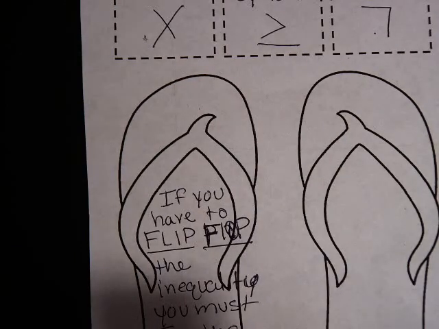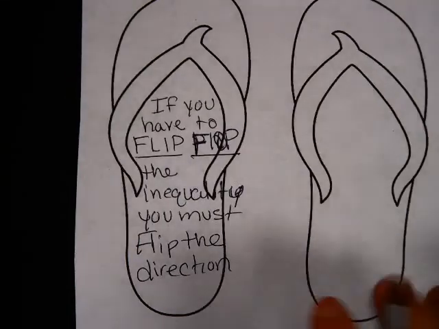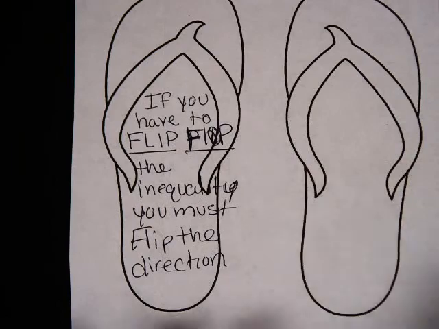Okay, and sorry you can't see that. You must, if you have to flip-flop the inequality, flip the direction. Okay, that sounds really weird, but we're going to do an example over here.